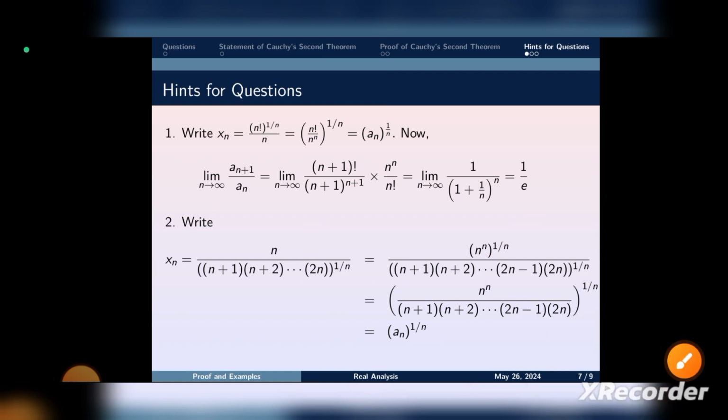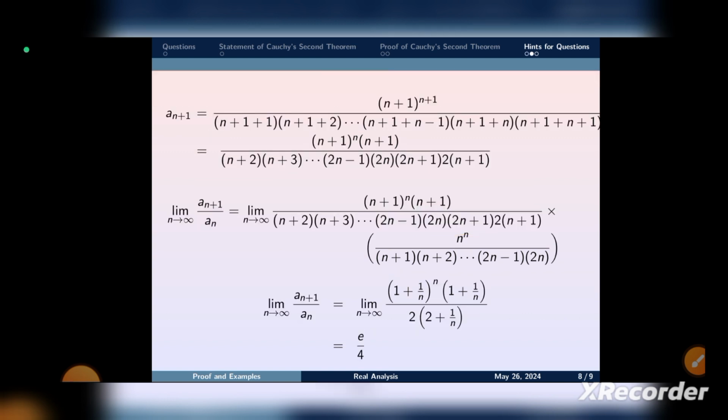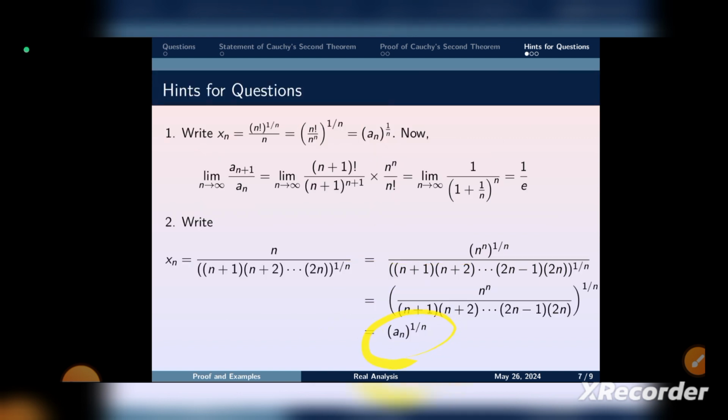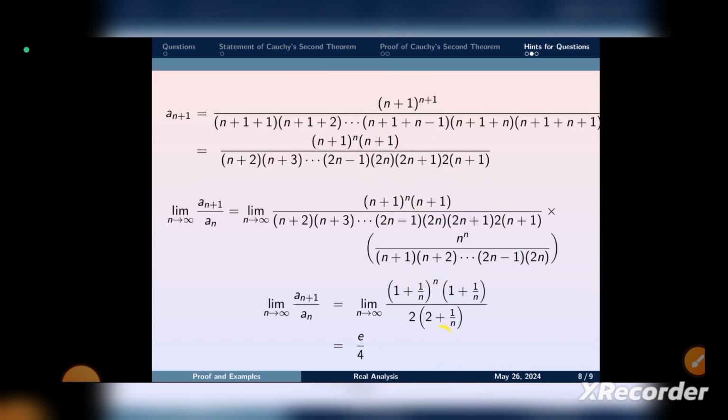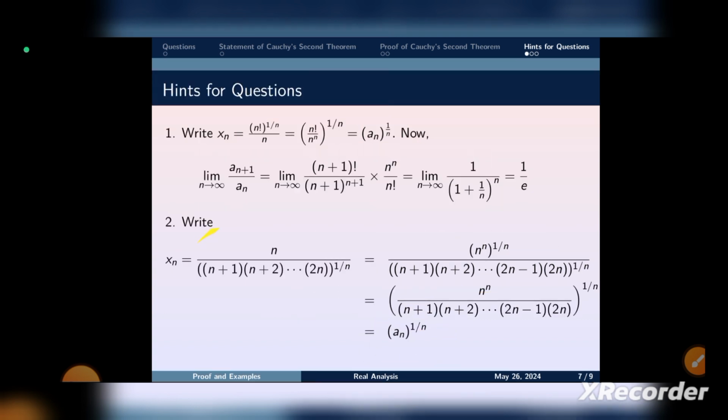So now instead of calculating the limit of this sequence, we will calculate the limit of an plus 1 by an. First we calculate an plus 1, then the limit of an plus 1 by an. After simplification, we will get that the limit of an plus 1 by an is e by 4. So this implies the limit of an raised to power 1 by n is also e by 4, so the limit of xn is also e by 4.